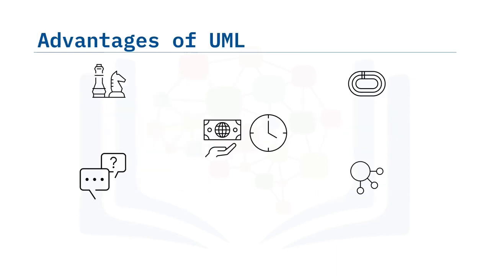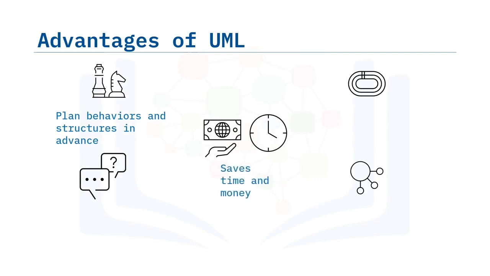There are several advantages of using UML to communicate architecture, behavior, and structure with development teams. The biggest advantage of UML diagrams is that they allow you to plan out features before any coding takes place, which saves time and money. Secondly, the diagrams can be used to bring new team members or developers switching teams up to speed quickly.